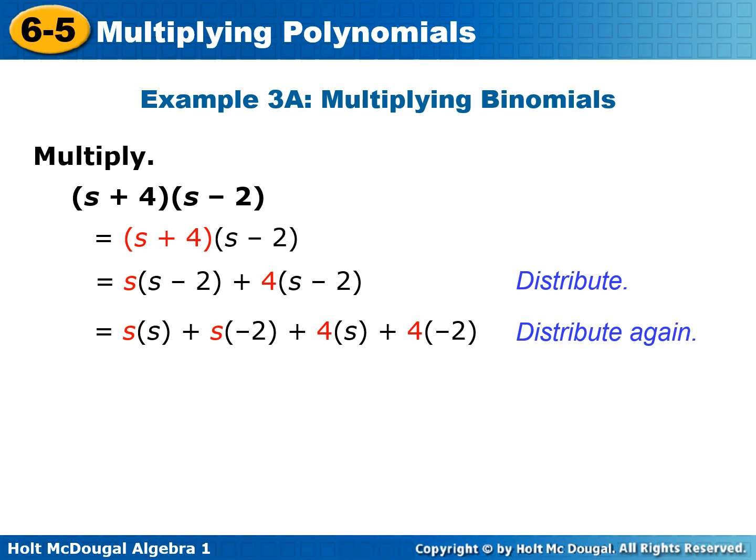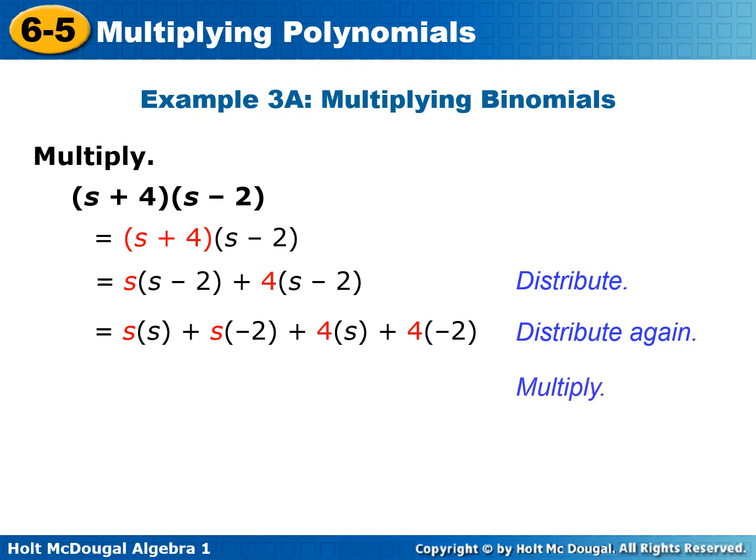So that will give us s times s, plus s times negative 2, and then plus 4 times s and plus 4 times negative 2. Okay, so as you can see, we distributed not just once, not just twice, but many times.